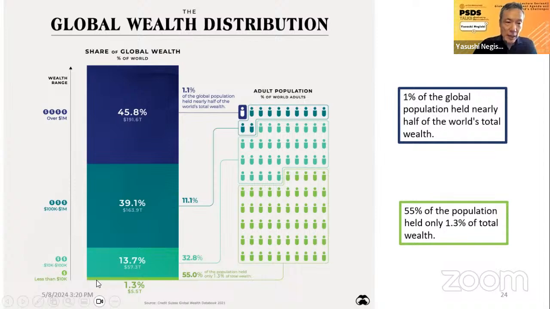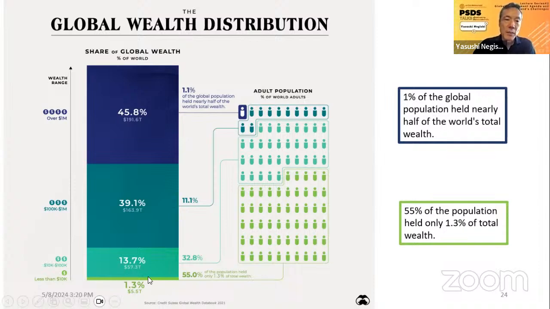This graph starts at the bottom. These are the people whose total assets, deposits and real estate, are below 10,000 US dollars, which consists of about 1.3% of the global assets.